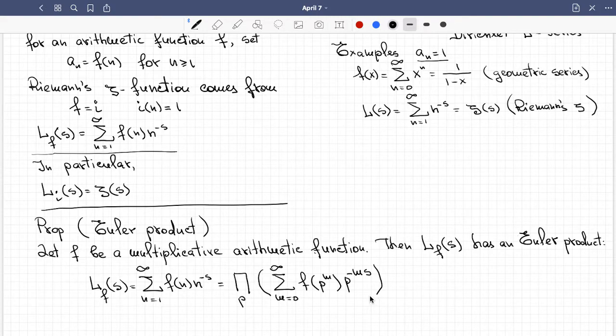It looks like this Euler product is less interesting and convenient than the definition we use.